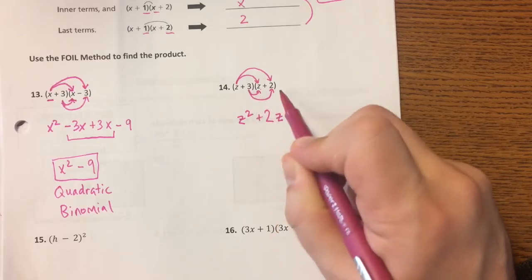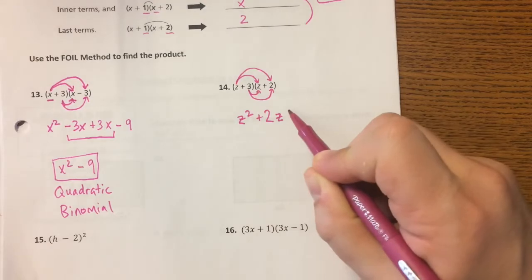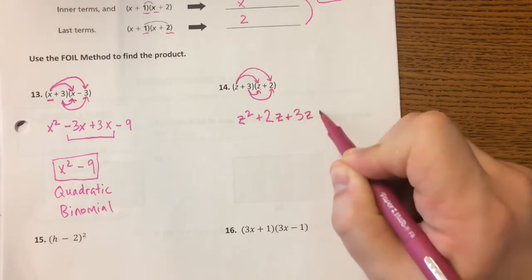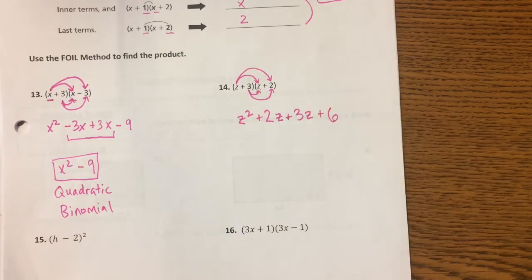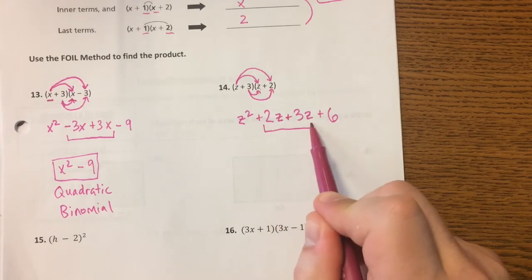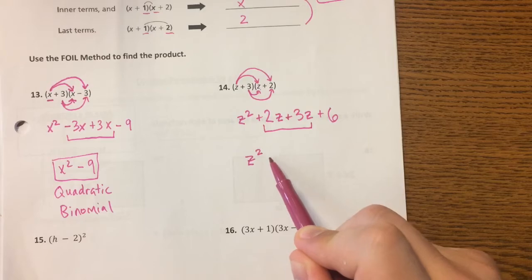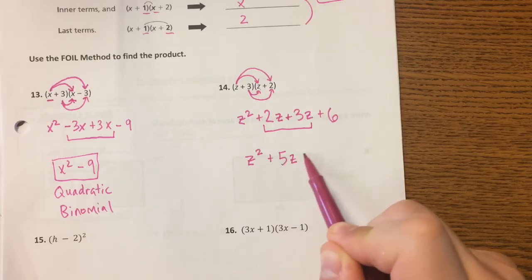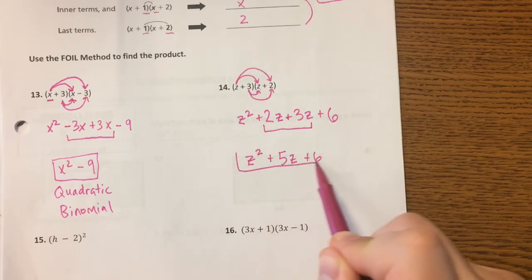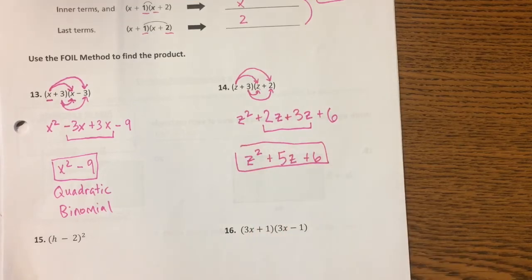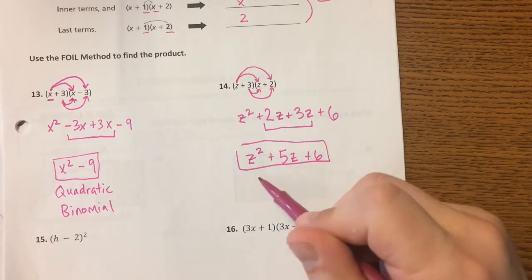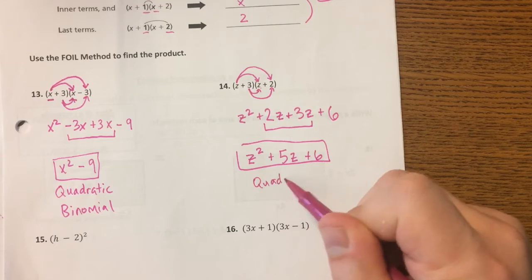Now we distribute the 3 inside last. So 3z plus 6. Combine our middle two terms here, and so we get z squared plus 5z plus 6. And we're back in this quadratic trinomial streak.